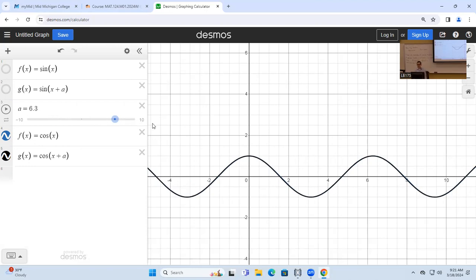And that should make sense if we consider where we got these values from. These values came around the unit circle.